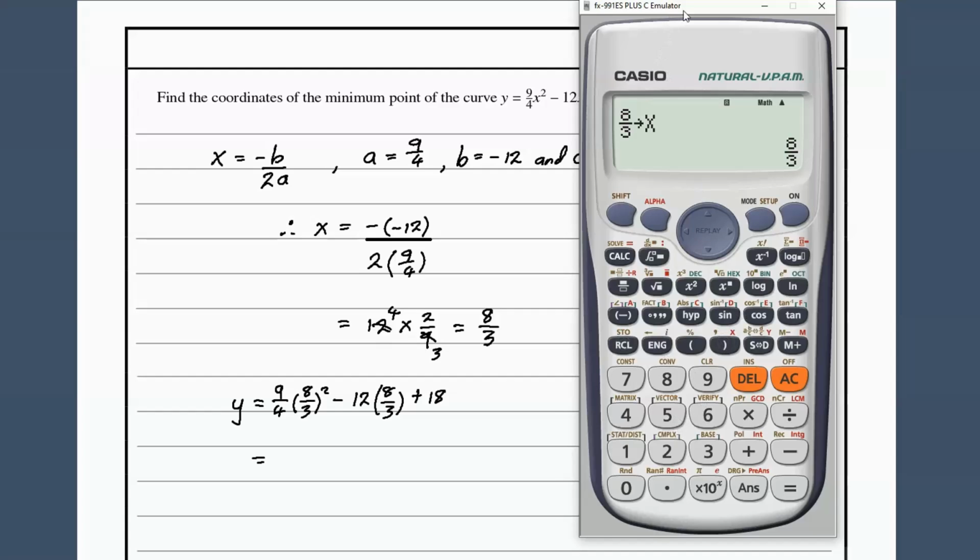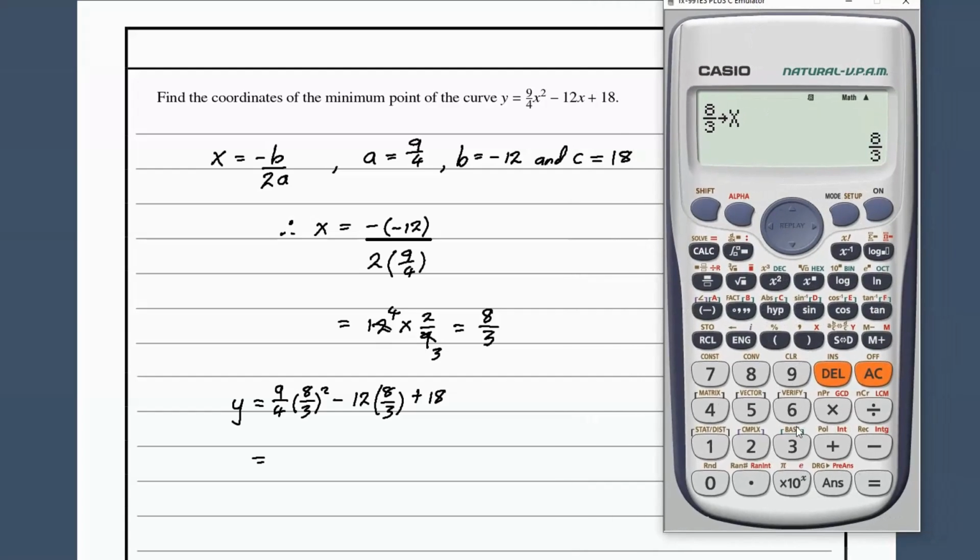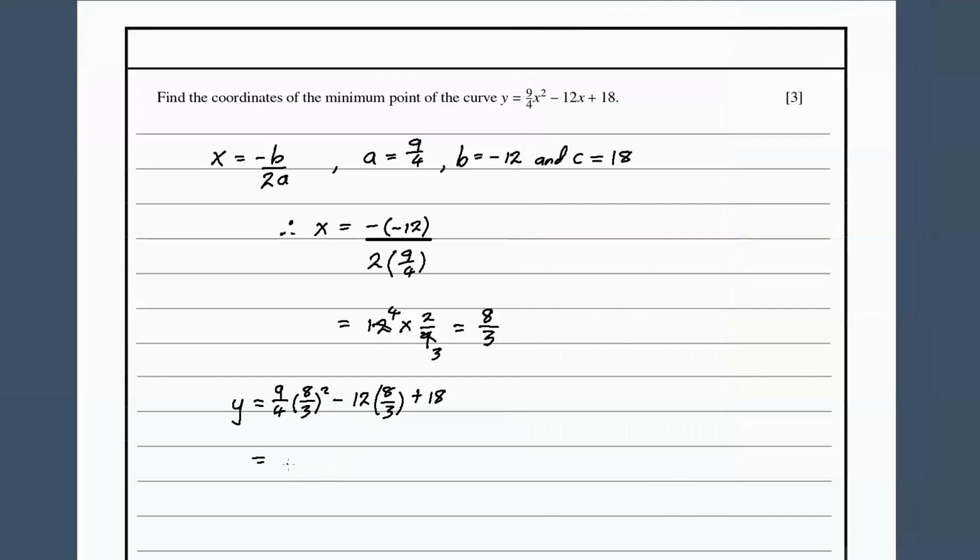So it's 9 over 4 x squared, minus 12x plus 18, and we get 2. So the y coordinate is 2. Therefore, the minimum point is x coordinate 8 over 3, y coordinate 2, and this here is the answer.